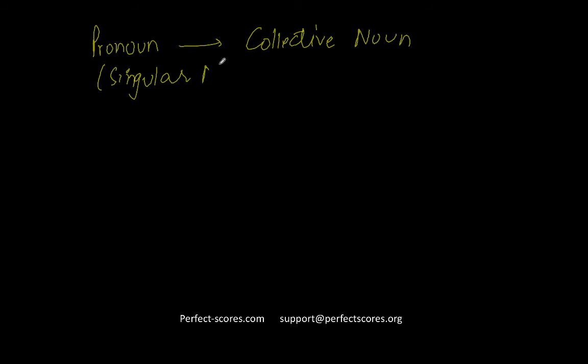When a pronoun stands for a collective noun, like a bunch, a team, a pack, it must be in the singular number. And the gender should always be neuter gender.